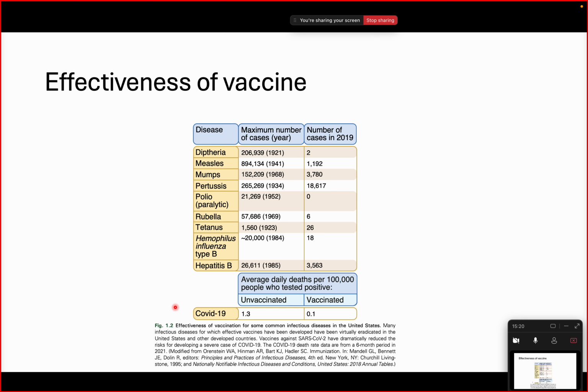Okay. On the other hand, if the person was vaccinated, the average daily death was 0.1. So it's a huge difference, right, in the number itself, correct?